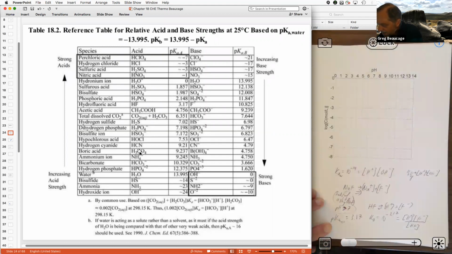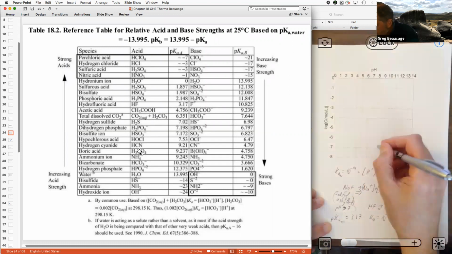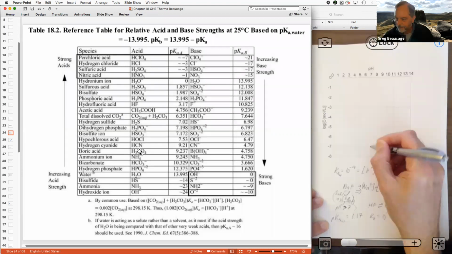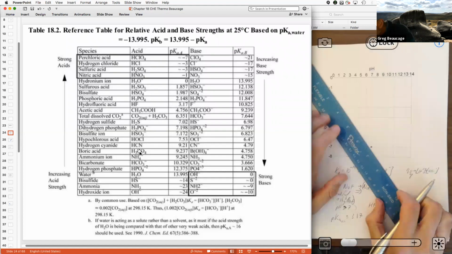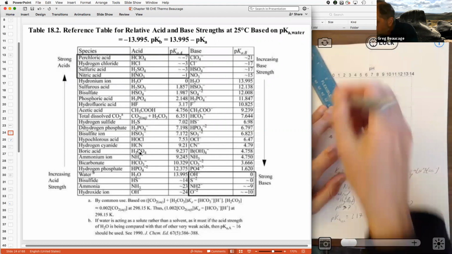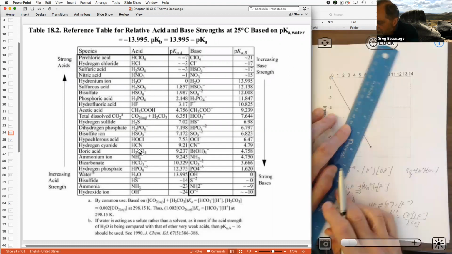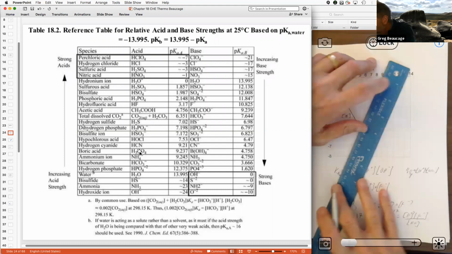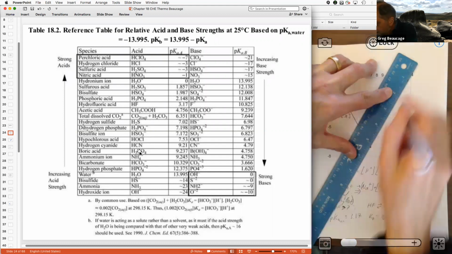So anyway, to make the Sillén diagram, you find 7 and 7. 7 goes down and it meets 7. Then for the water, the proton concentration is going to follow from 0 to 7, so just draw that line. That's your H plus. And the hydroxyl is going to go from 14 to 7, so you draw that line.